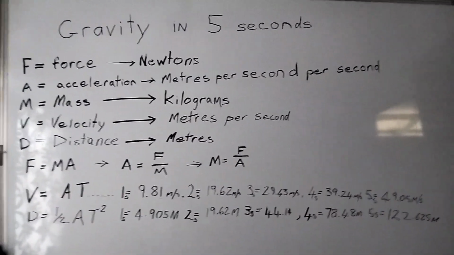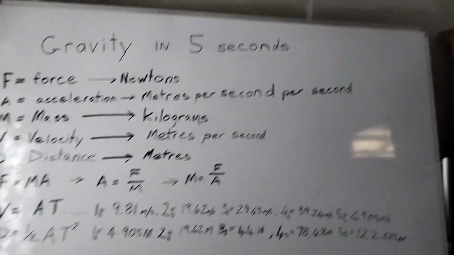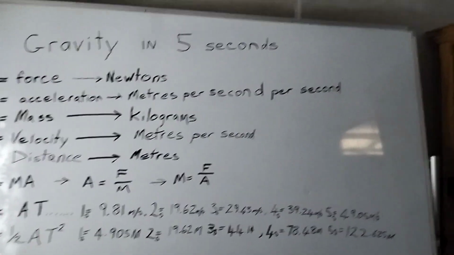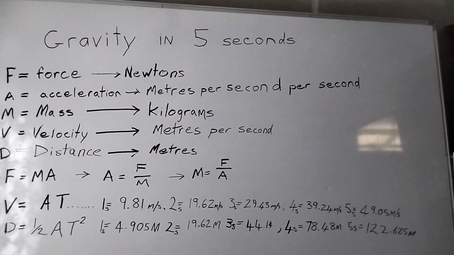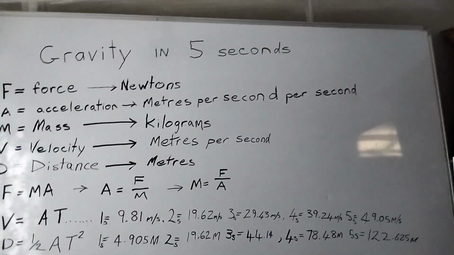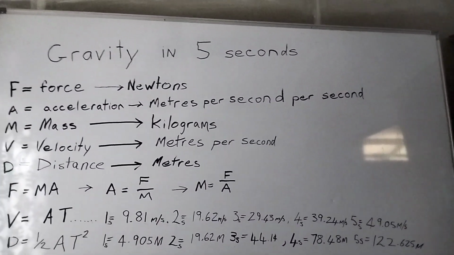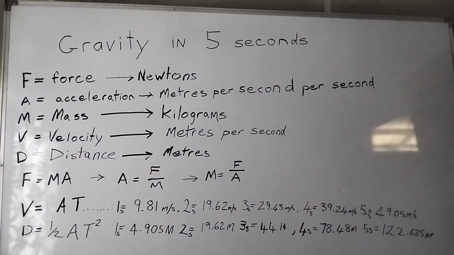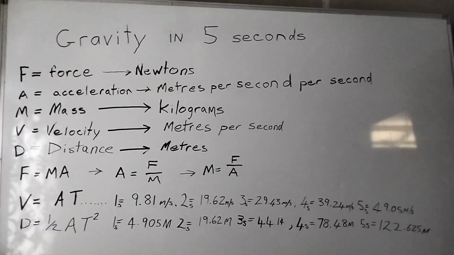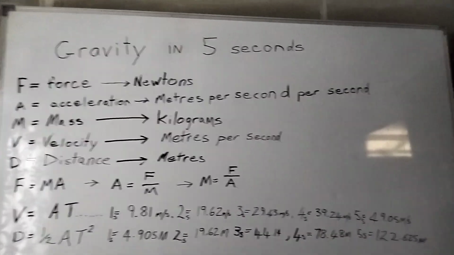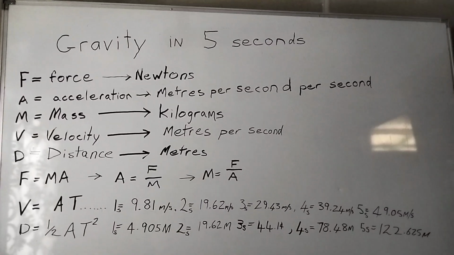You can graph those out for yourself if you're a student. You'll see that the distance over time travelled will form a parabolic curve, and that means that the actual gravitational equation is, what do you call it? That's right, quadratic. And the velocity is simple addition or multiplication for the number of seconds travelled.